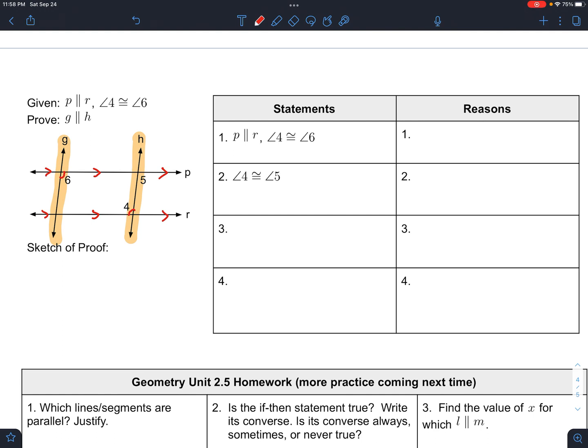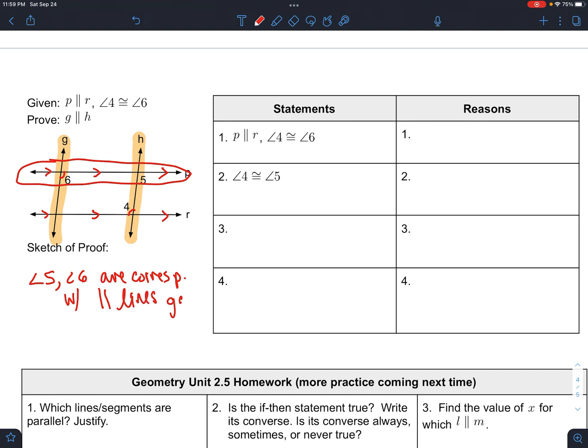So if we look at the angles that we have labeled, and if we were to imagine maybe one of these becoming a new transversal to G and H, 5 and 6 are corresponding, like with parallel lines G and H.